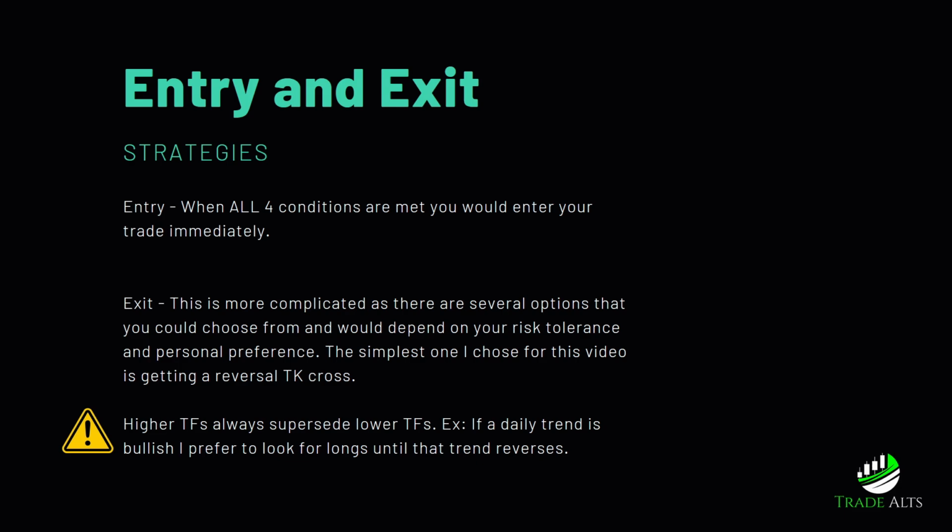So once the daily trend goes from bullish to bearish, then you will be looking for shorts. For example, if we're using a lower time frame such as the 4-hour, if the daily time frame is bullish but the 4-hour is signaling a short trade, I'm not a big fan of taking those short trades. They're definitely a lower hit rate that I found over time, and vice versa as well.